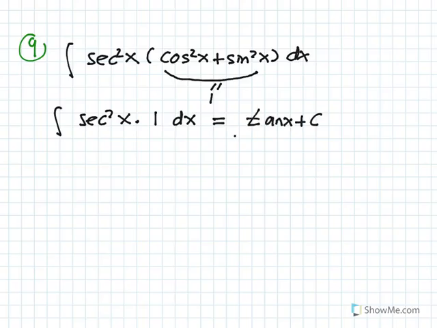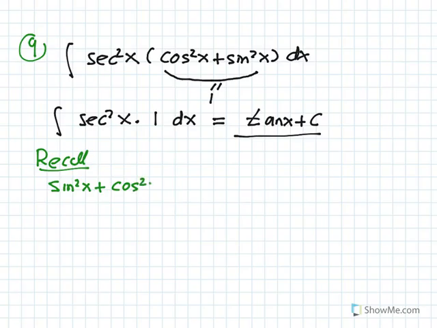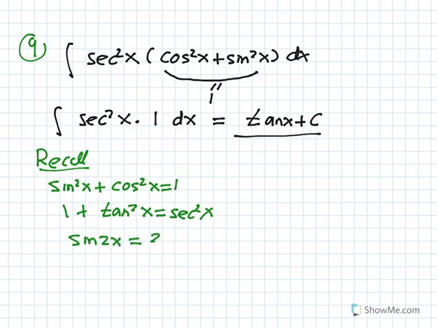So let's go over some of the trig identities that we have to memorize for a general calculus course. So sine squared x plus cos squared x is equal to 1. 1 plus tan squared x is equal to secant squared x. And sine 2x is 2 sine x cos x.